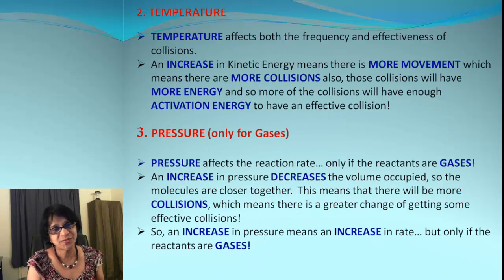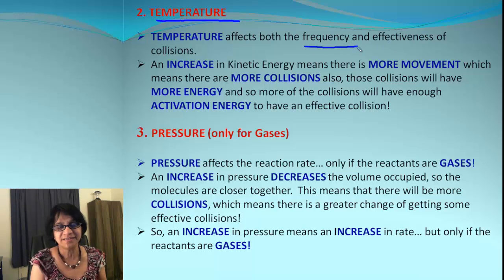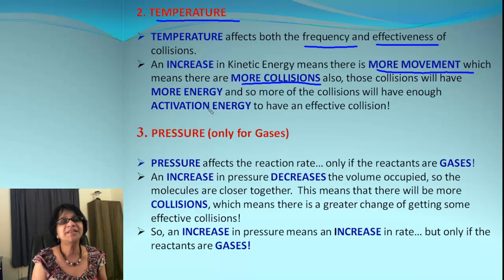Let's talk about the next factor, which is temperature. Temperature increases the frequency, the number of times per second, of collisions. It also increases the effectiveness of collisions. So how does it help us? It stirs up the particles, creates more movement, so that means more collisions, and that results in more energy.